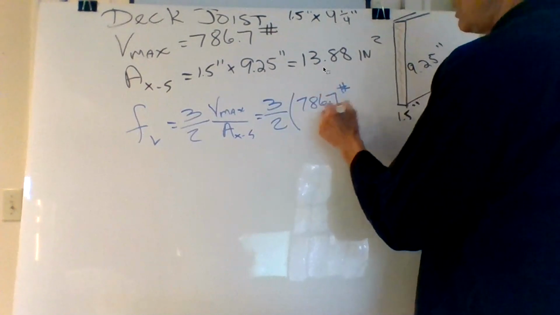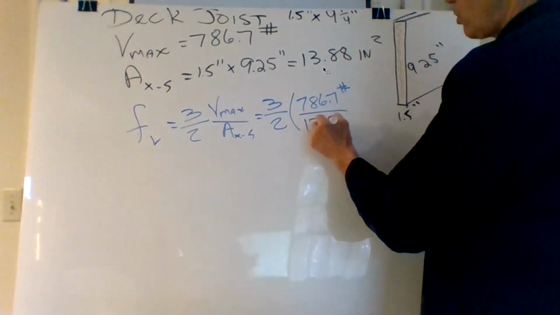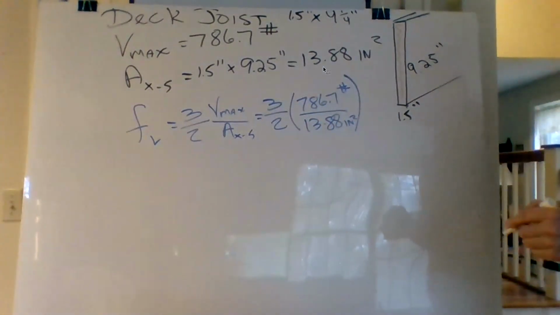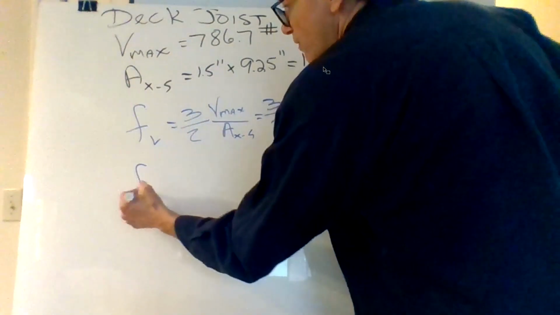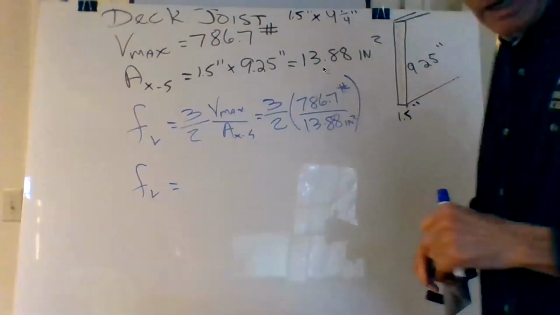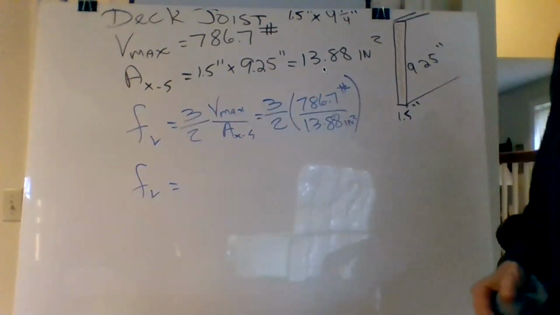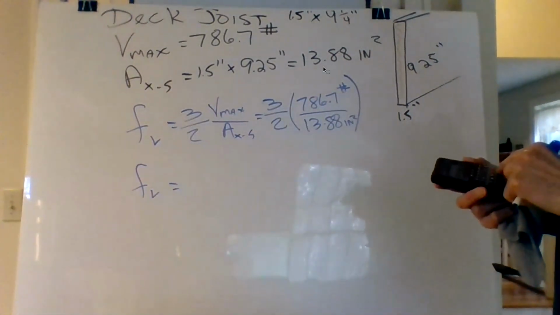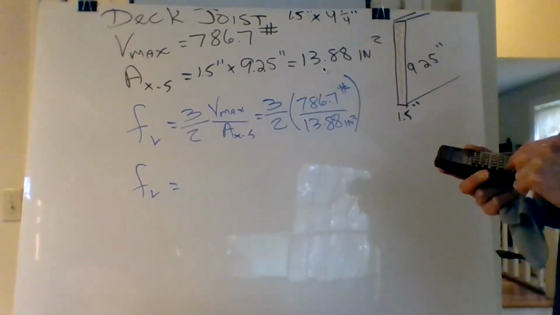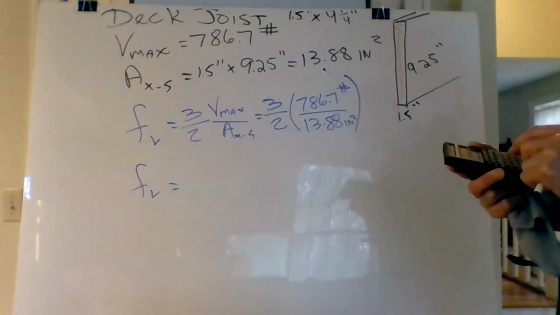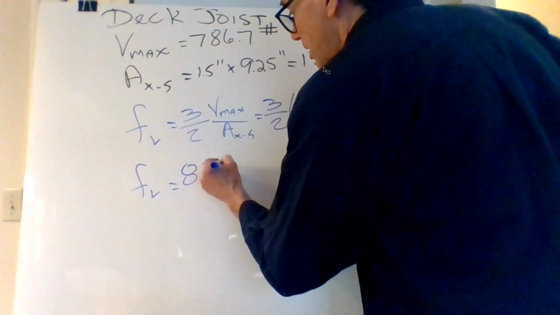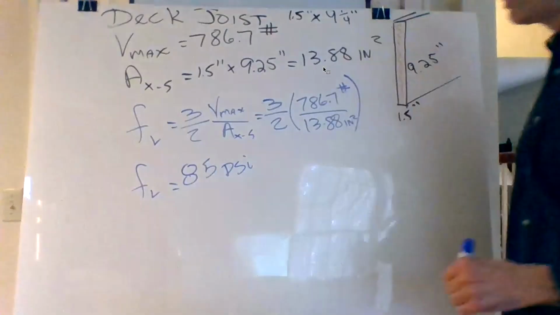So 1.5 times 786.7 pounds divided by 13.88 inches squared. Little FV is equal to what? Go ahead and burp those numbers. So 1.5 times 786.7 divided by 13.88 equals 85 PSI. Pounds per square inch.